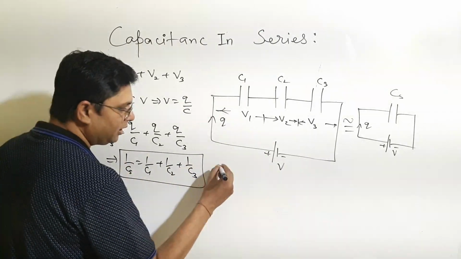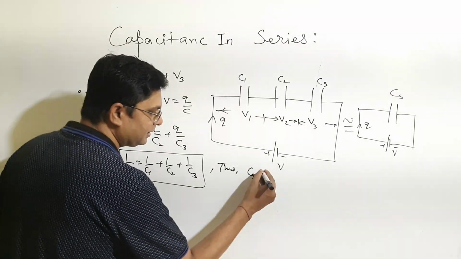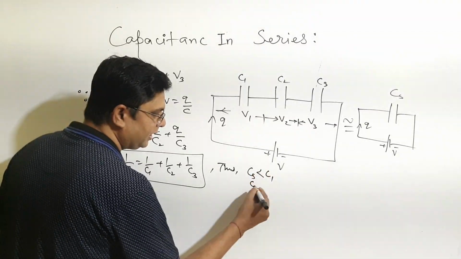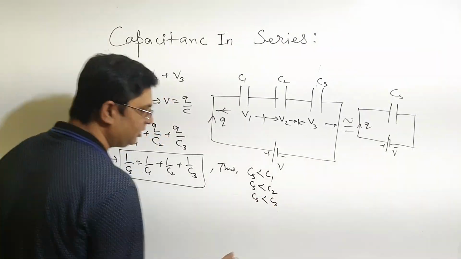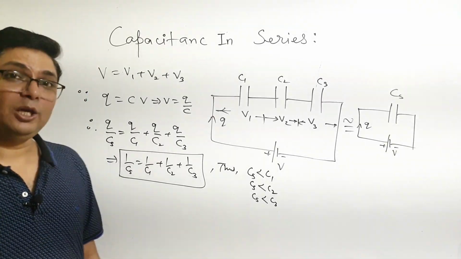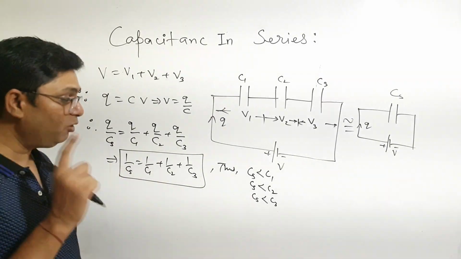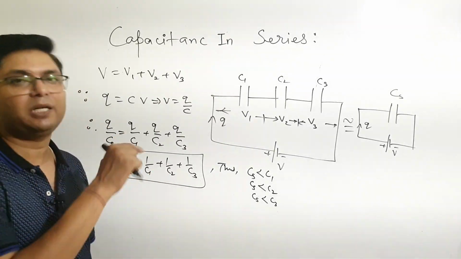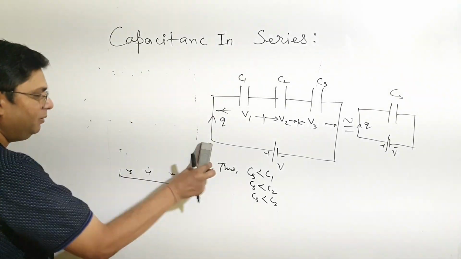Thus, from here you see that CS is less than C1, CS is less than C2 and CS is less than C3. That is, when the capacitances are connected in series, the equivalent capacitance CS will be less than the individual capacitances used in the circuit. Let us understand it with another example.